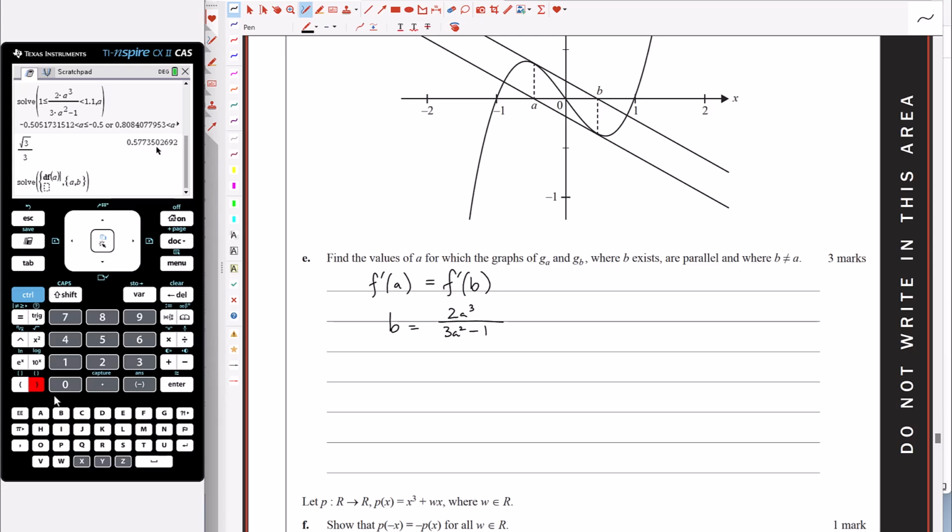Derivative of f at A is going to be the same as the derivative of f at B. And then we also know that B is equal to 2A cubed over 3A squared minus 1.